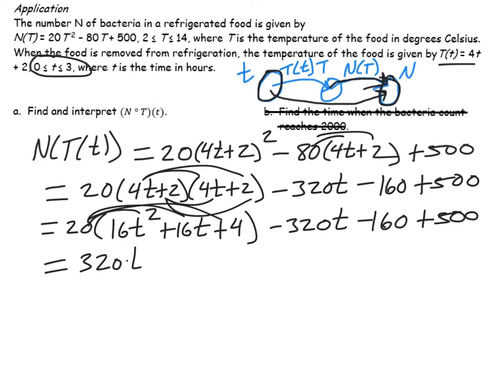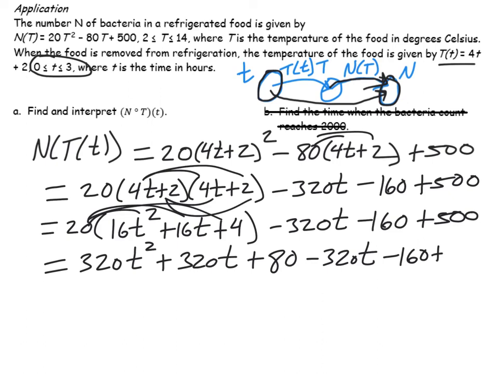So I have 320t squared plus 320t plus 80 minus 320t minus 160 minus 500. 320t squared is the only squared term, so that's going to stay in the final answer. Now we get some other like terms to combine. It will not have a t term. Those cancel.